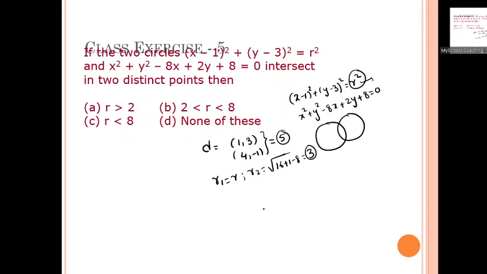So what is the condition for intersecting? The distance 5 should lie between what? R1 plus R2 and mod of R1 minus R2, right? Is this the condition for intersection?